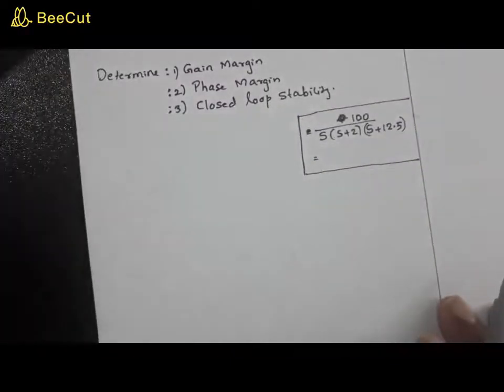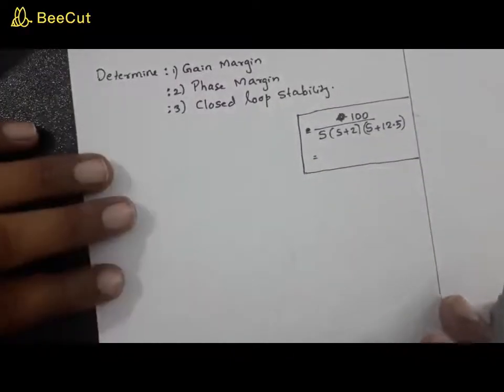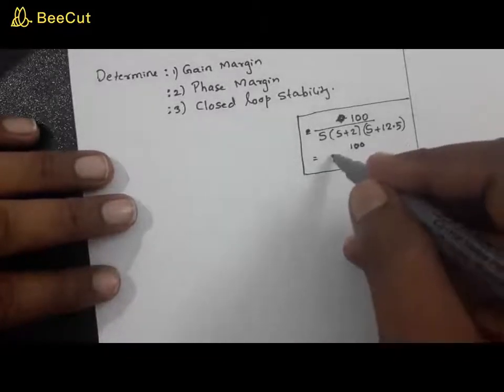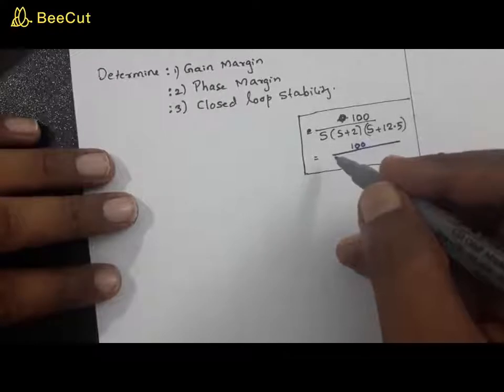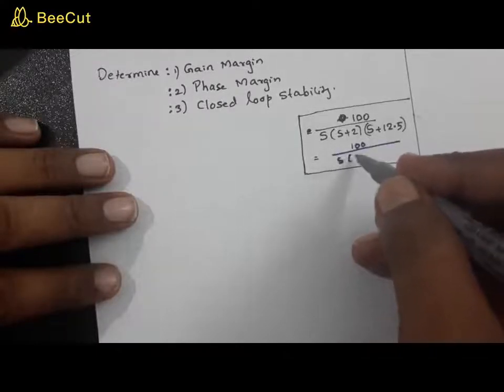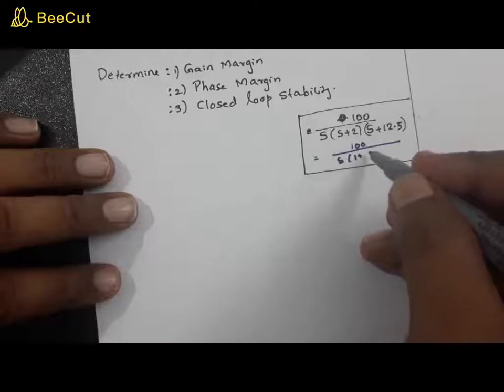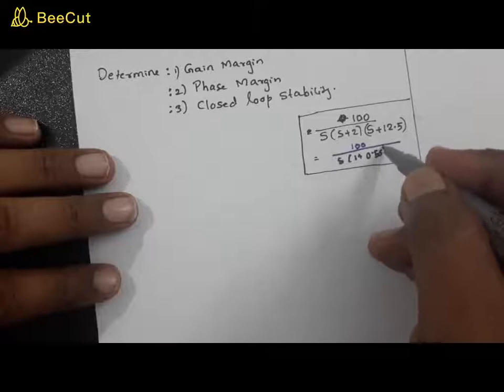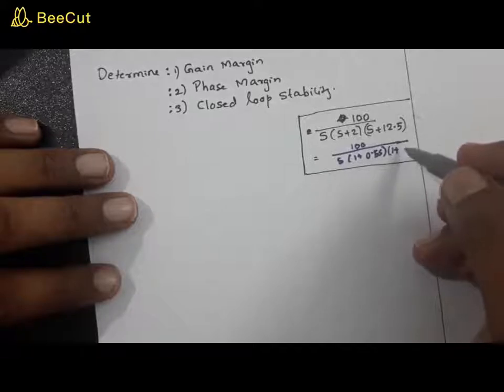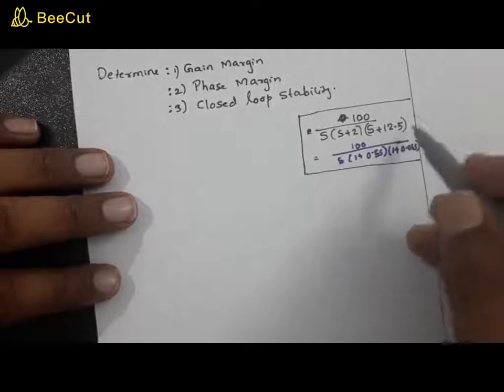So in order to have that, you can straight away take this 2 and 12.5 outside, so that you will get this as S into 1 plus S by 2, which is 0.5 S. And when you take 12.5 out, you will get 1 plus 1 by 12.5, which is actually 0.08 S. You can just do it by yourself.